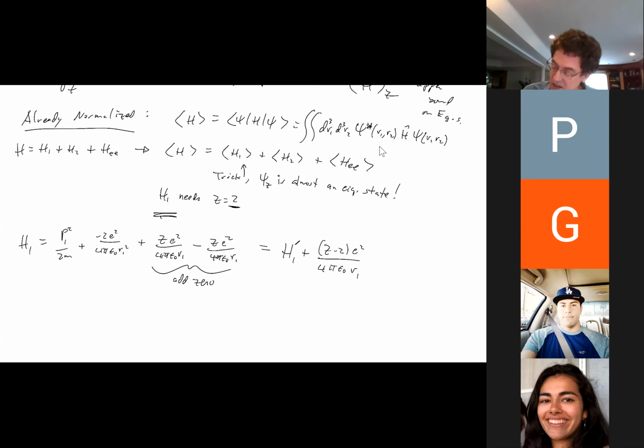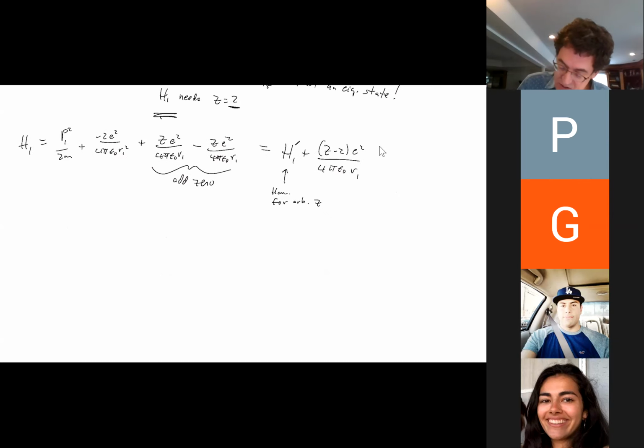This is the big trick, where H1 prime is the Hamiltonian for arbitrary Z. Do you see that? So I can write H1 equal to H1 prime plus that extra term.